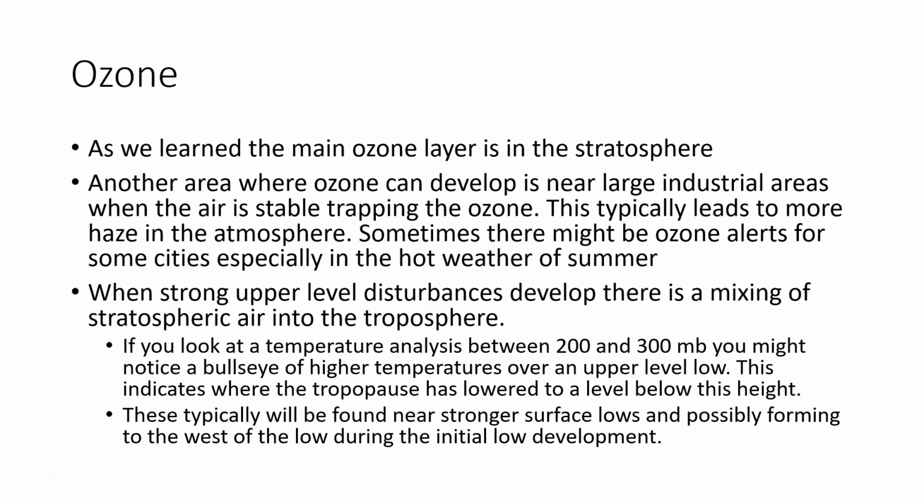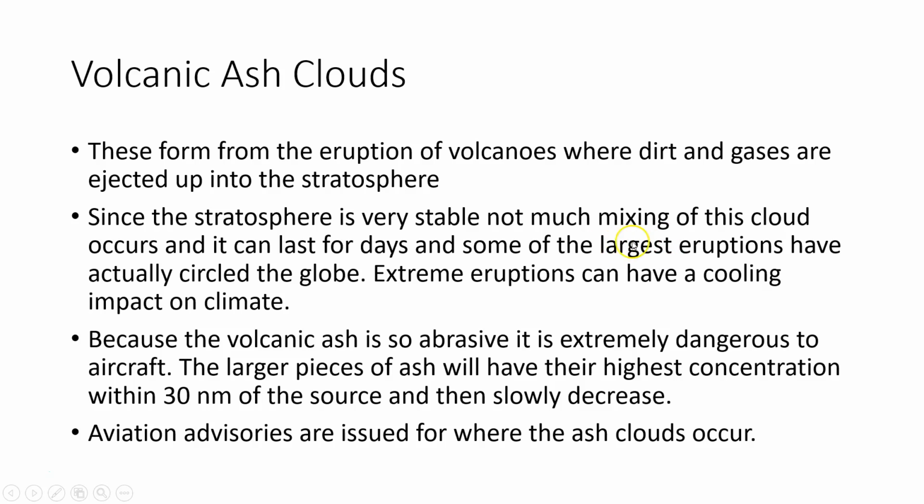And then there's the volcanic ash that's out there. Volcanoes are always going to be erupting around the world at times, and if you're flying near one, there's a lot of debris that goes out, a lot of ash. The ash will diminish rapidly, but remember, some of it is going to stay up in the stratosphere, and it's not going to come out real fast, so it's good to avoid those areas.